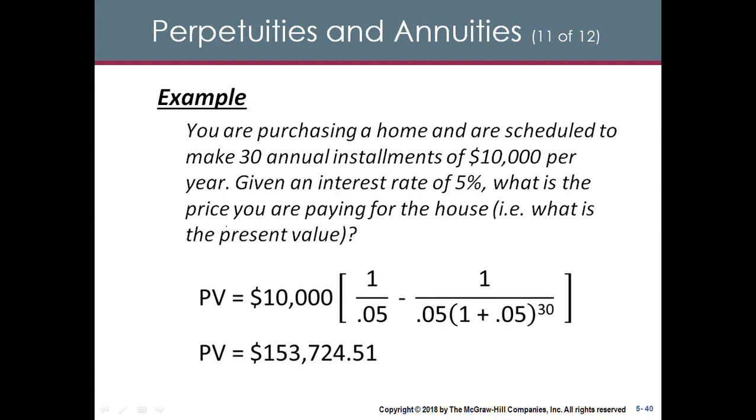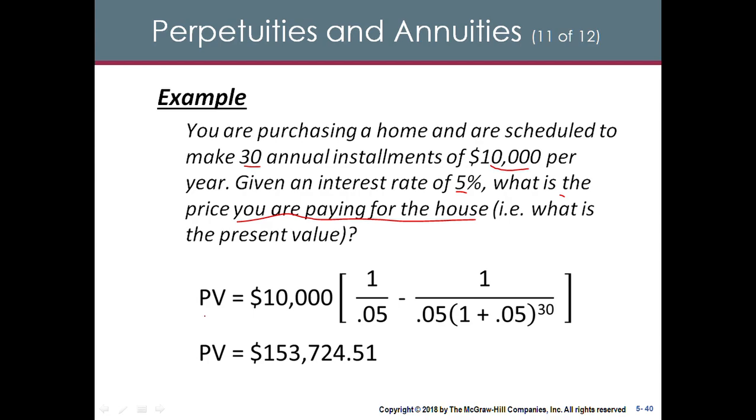Another example here, let's say you're purchasing a home and are scheduled to make 30 annual installments of 10,000 each. I want you to identify here: notice that in this question, C is 10,000 and 30 is the time, that is the number of payments that you'll be making each year. R is 5%. So what is the price you're paying for the house? That means what is the value that you're paying today? In other words, what is the PV?